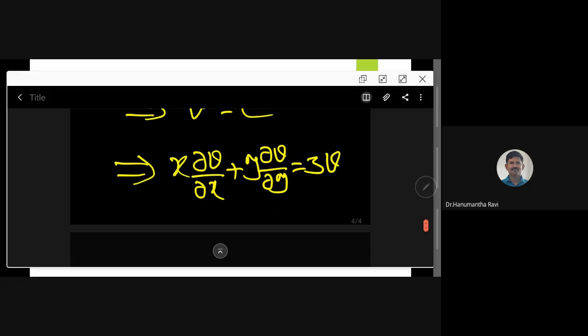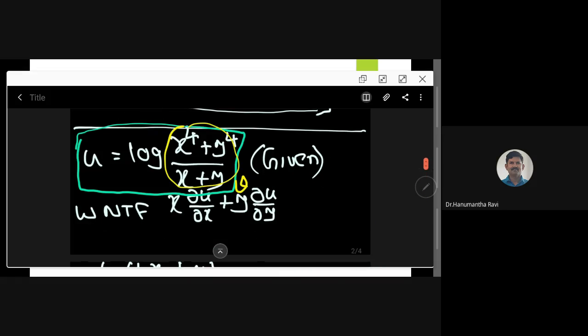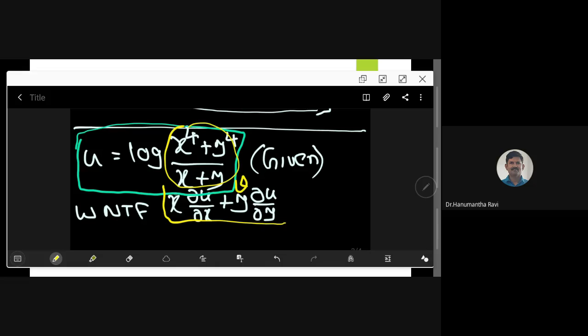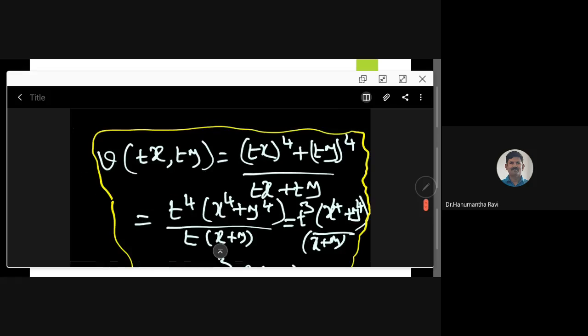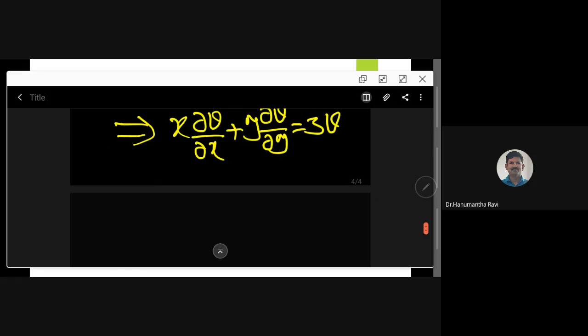Now see, we want to rewrite, but what we are asked for, we are looking for this one. We want to find this. U should be there in our expression, not v. So somehow we need to write this in terms of u.